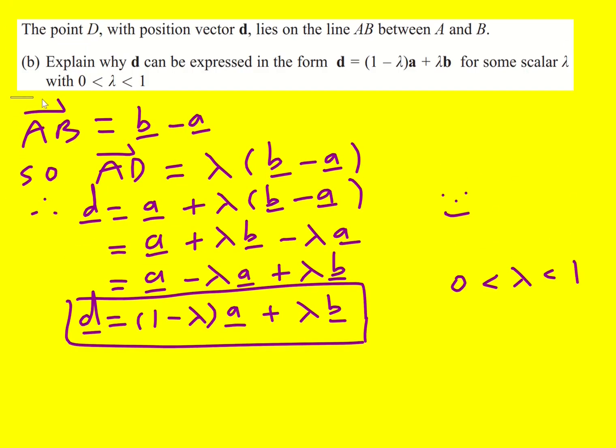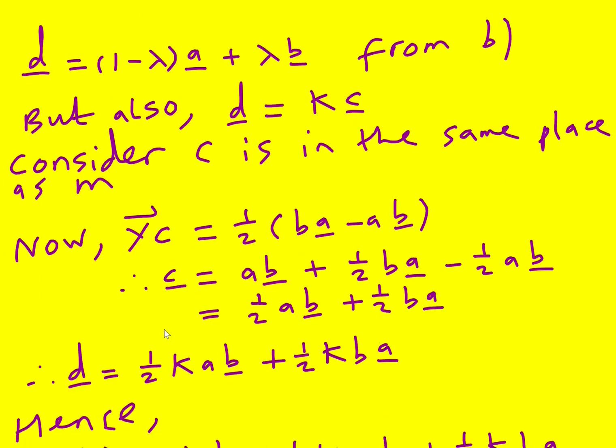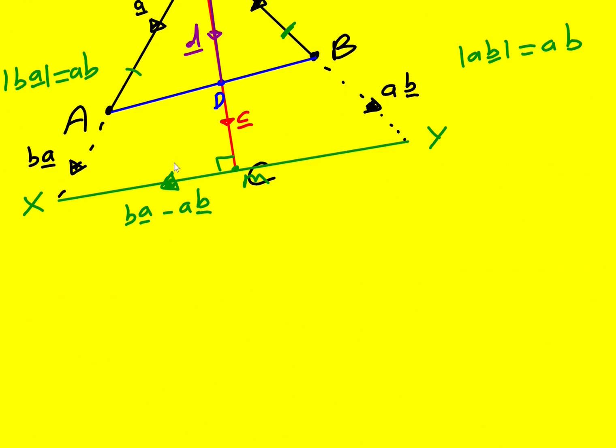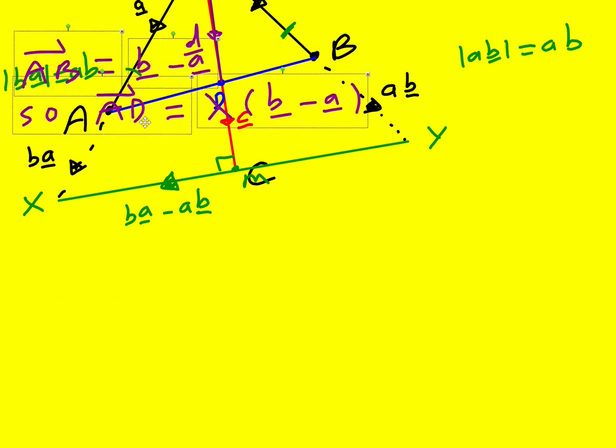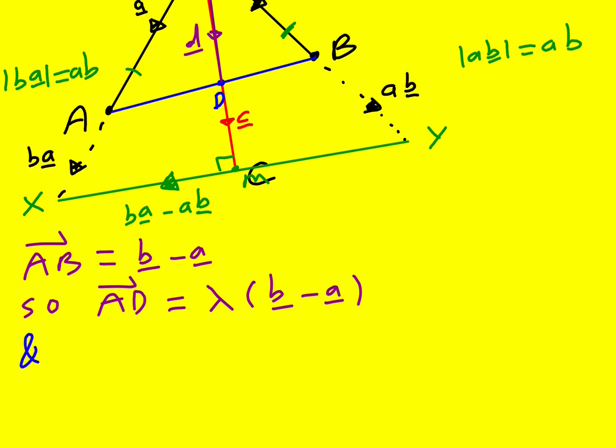There we go. We now know what lambda is, so we can substitute in for that. And therefore, the length dA is simply going to be the magnitude of this vector.